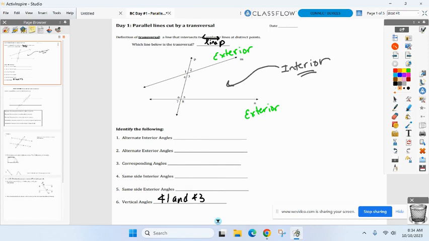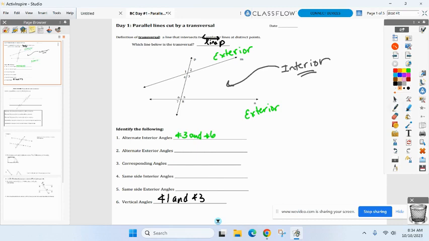So these angles are on opposite sides of the transversal, and they're inside the lines right now. So I'll give you this one, 3 and 6 are alternate interior. Look at your diagram. Do you see how 3 and 6 are on opposite sides of the transversal and inside your lines?